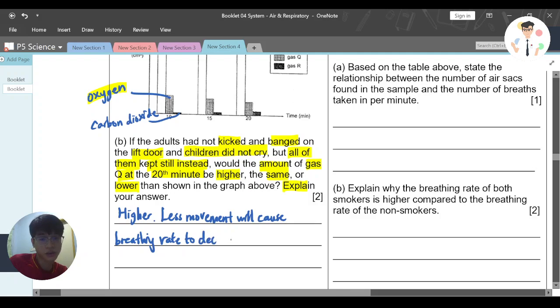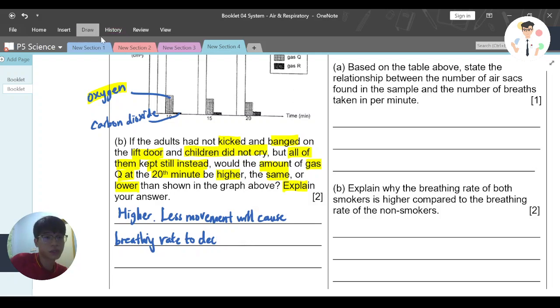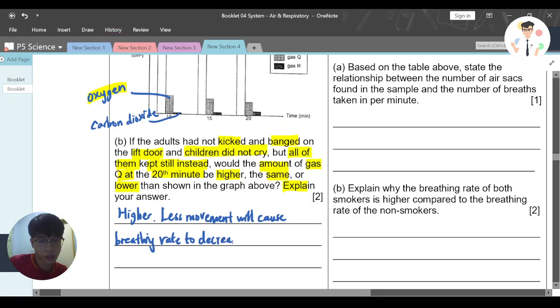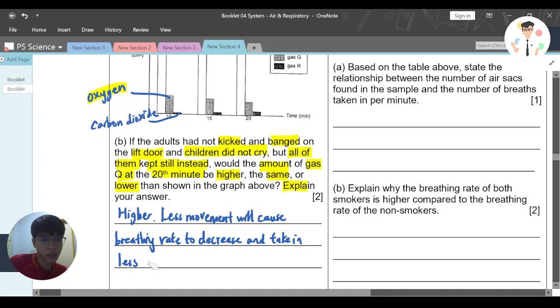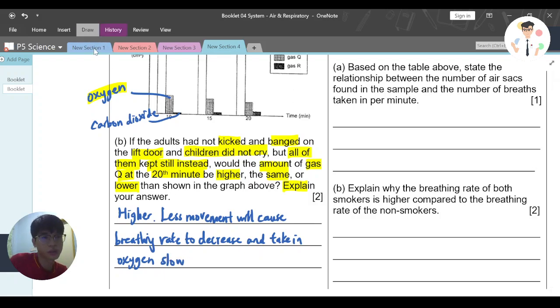When our breathing rate is decreasing, it means that we will take in less oxygen, at a slower rate.